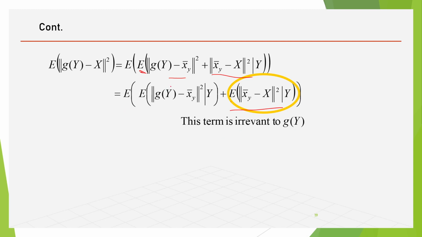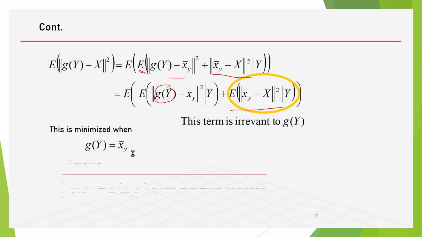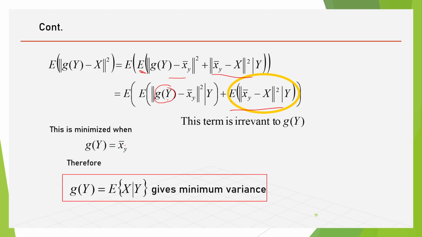So finally, to have the minimum value of this, this must equal this, and this means the expectation of h given y. So this is the idea for the filtering. It's conditional expectation.